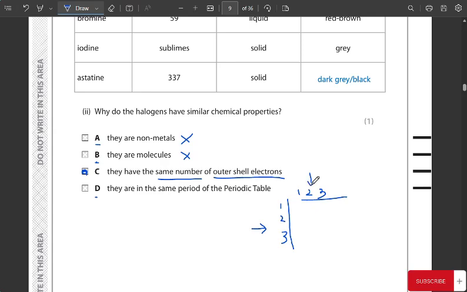It means that the halogens are located in group 7, so they have the same group but different periods. And in section D it's written that they are located in the same period of the periodic table, and it's totally incorrect. That's why C is the most correct answer.